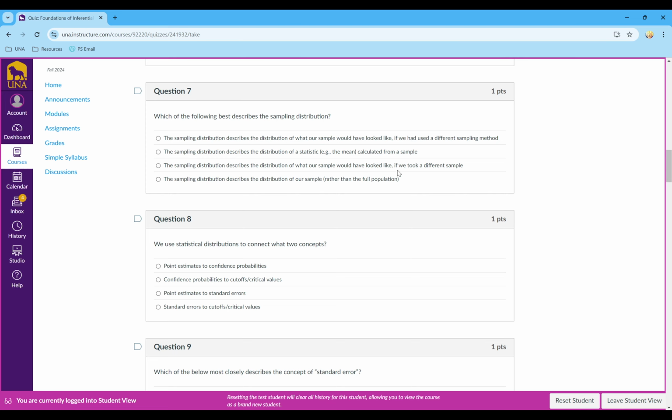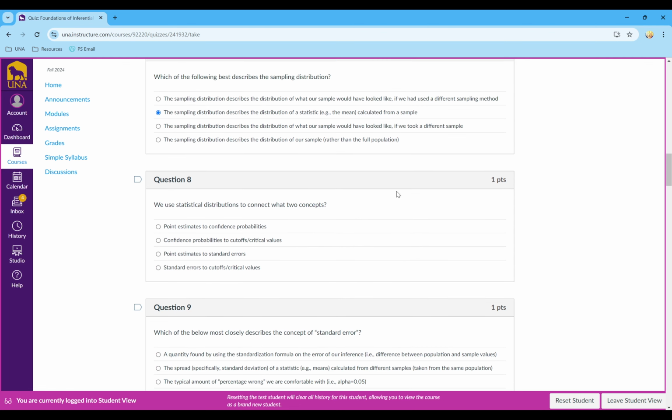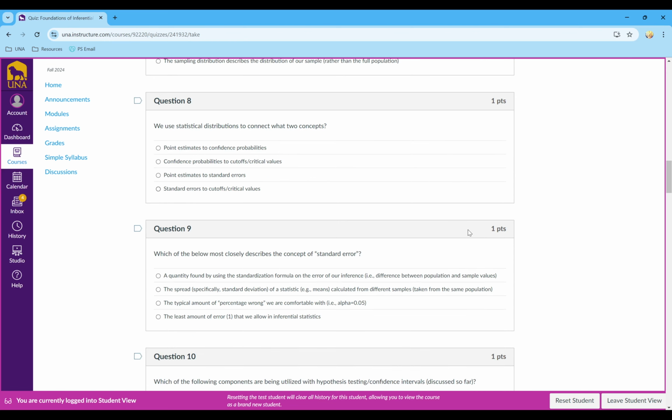Distribution of what our sample would have looked like if we'd taken a different sample, no. But this one's actually kind of close. This would be, well, no, maybe not. Distribution of our sample rather than the full population? No. So this is it. Again, we're looking at the distribution of a statistic calculated from the sample, and that's what a sampling distribution is, I guess.